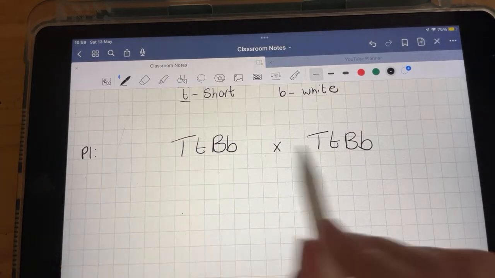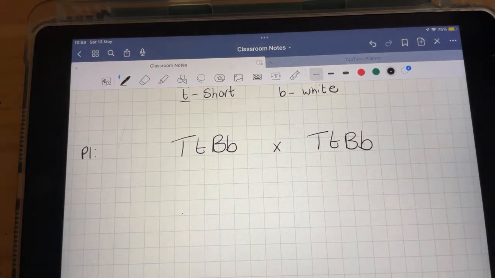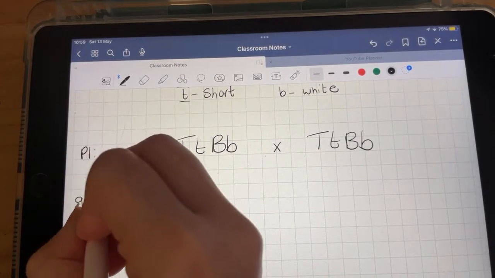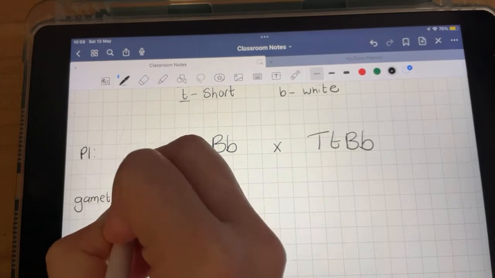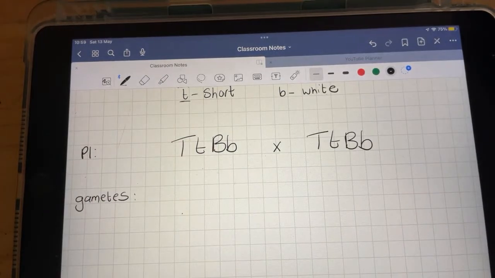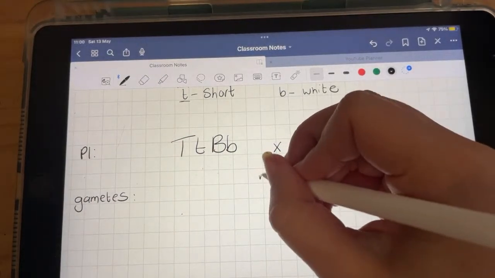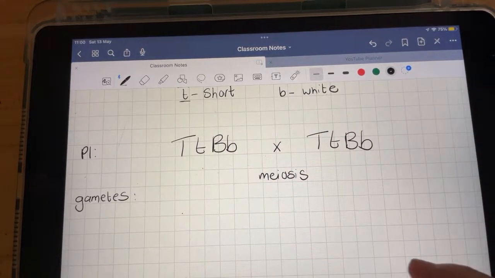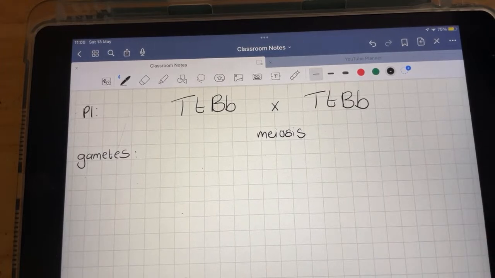So we've got P1, those are our parents. And now what we need to do is we need to go gametes in the margin over here. And we need to go meiosis.